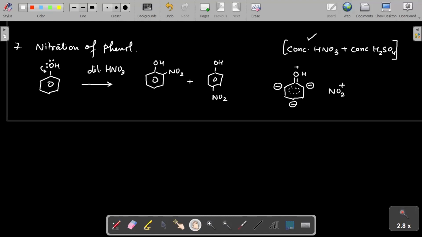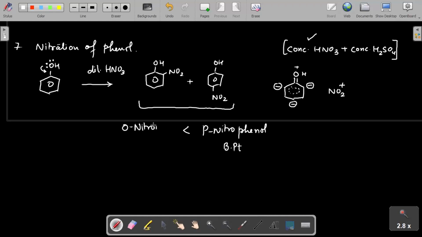Now, before we go to the next example of phenol, let us understand one question which is asked in the board on these two products. The question is that out of orthonitrophenol and paranitrophenol, paranitrophenol is having the higher boiling point than orthonitrophenol.